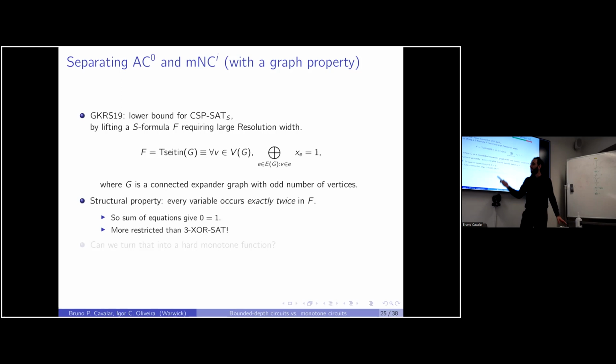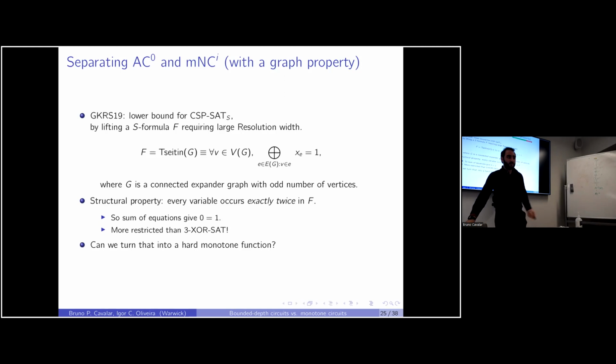Another observation is every variable occurs exactly twice in the formula, because each edge is incident to two vertices, so the sum of equations gives 0 equals 1. This is more restricted than 3XOR sets: you're looking at linear equations where each variable occurs exactly twice. You can code any system like this as a problem like that, so you can turn that into a hard monotone function.